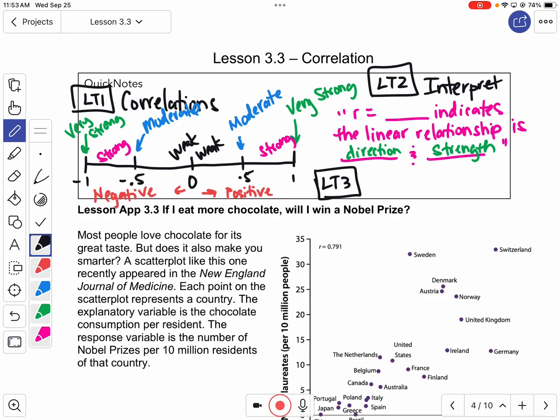And then my third learning target has a new word in it. It's the word called causation. And causation means, does one variable make the other variable happen?